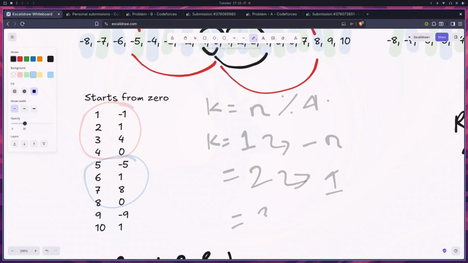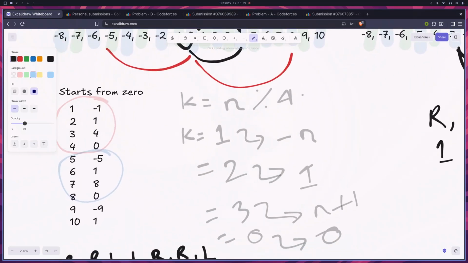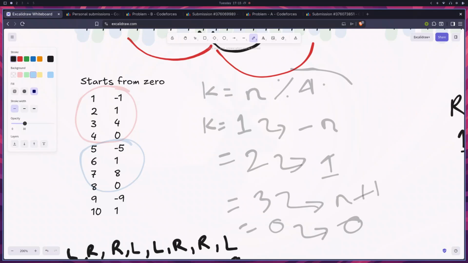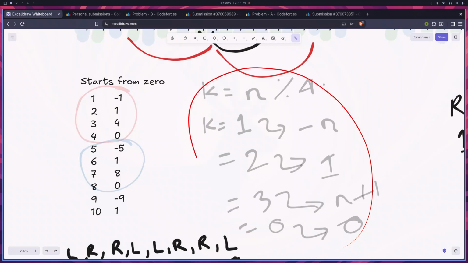And if it is equal to 3, then the answer will be n plus 1. And if it is equal to 0, that is, it is a multiple of 4, then the final position will also be 0. So this is the observation we had to make, that it is a pattern of 4 segments, right?